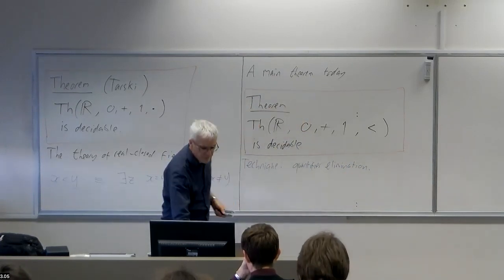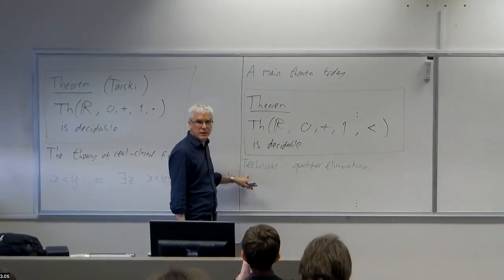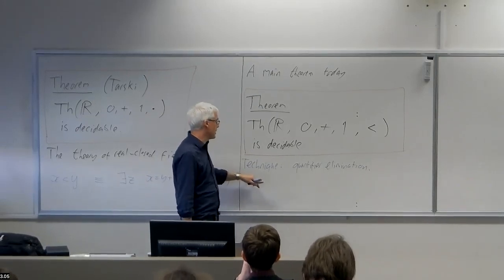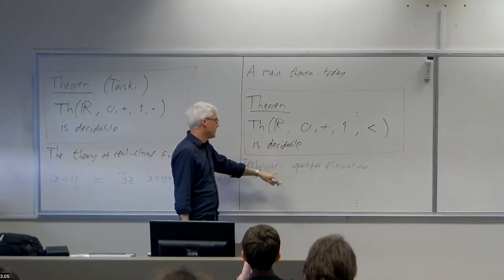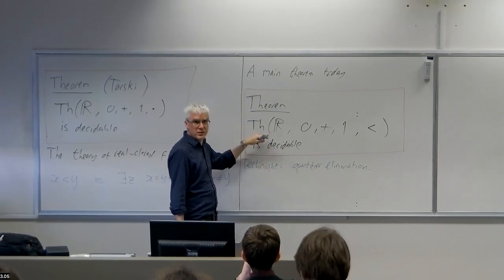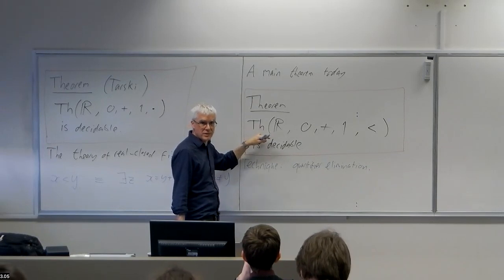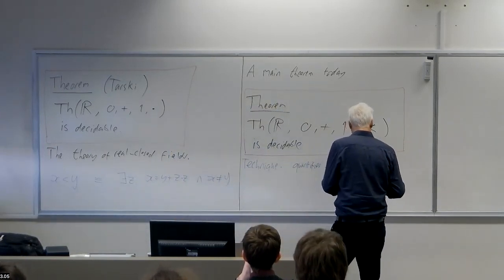And what I want to emphasize, even more this week than last week, is that quantifier elimination is not just going to give us decidability. It will give us decidability, but it's going to give us other useful, non-trivial information about this theory.